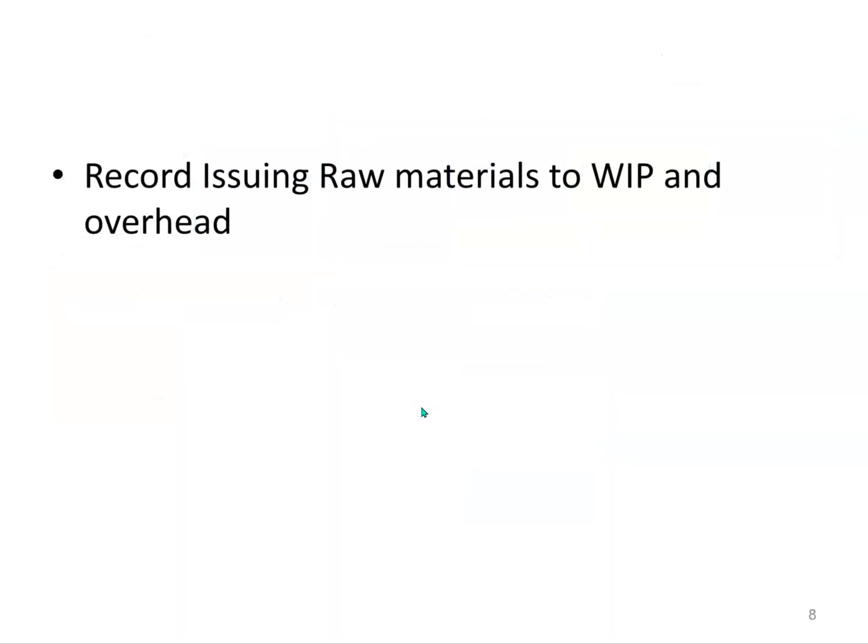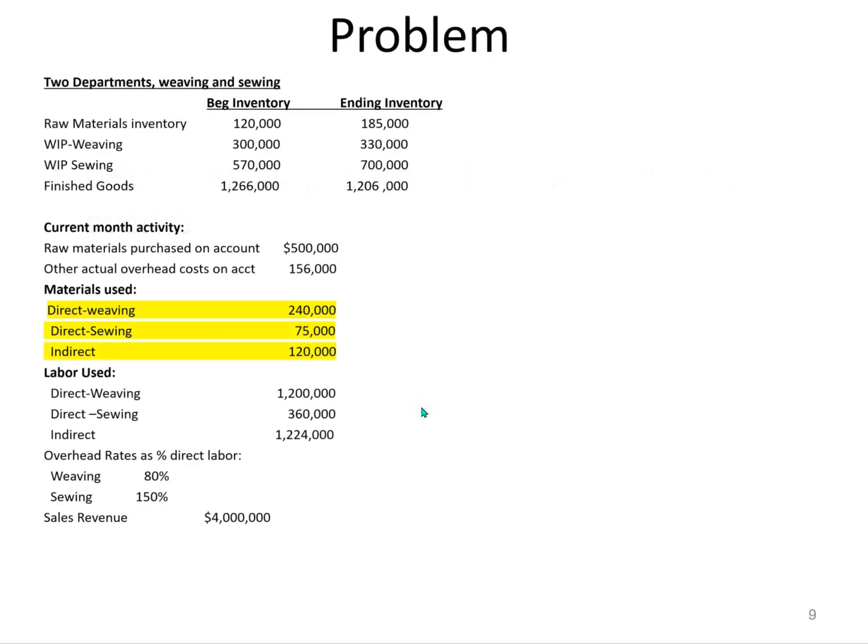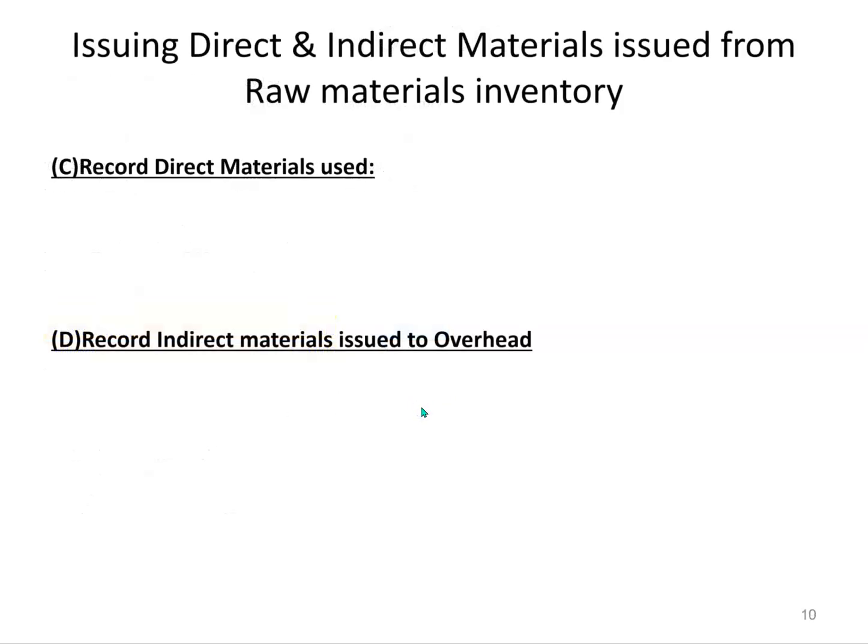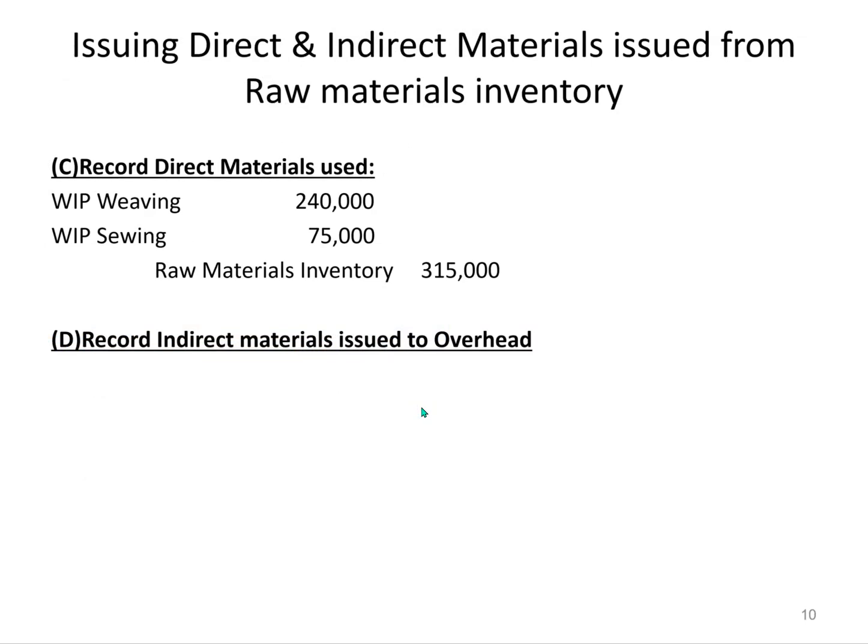Now we're going to record the issuing of raw materials to WIP and overhead. Again, when I'm working a problem, I highlight what we need, and now we can do our journals. So to record the direct materials used, it's going to be a debit to work in process weaving and work in process sewing, and then we're going to credit raw materials inventory.